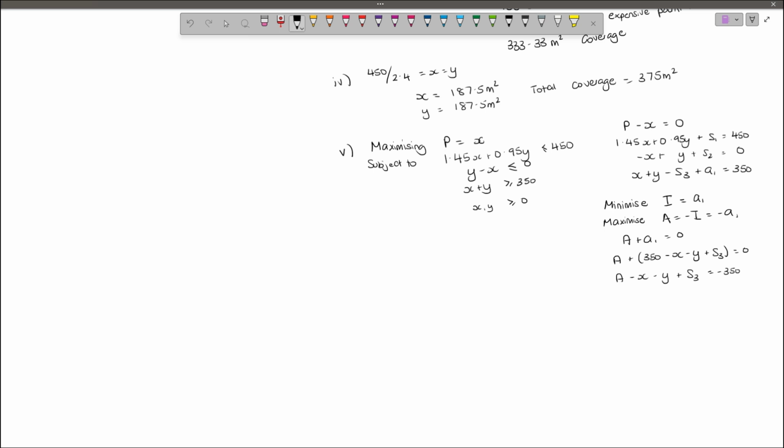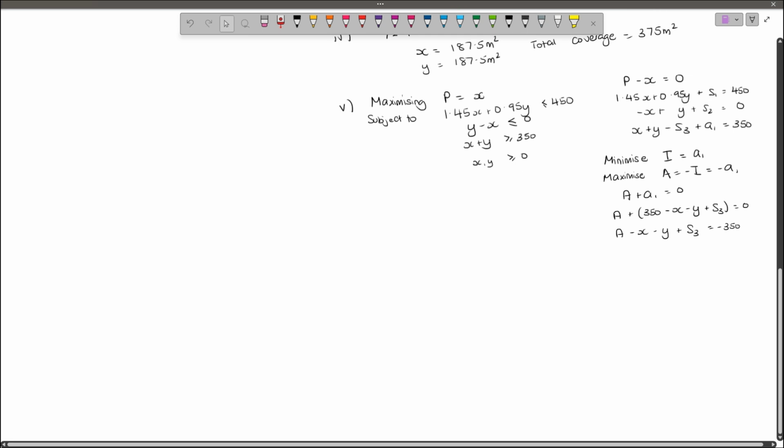We can rearrange this and get capital A plus a1 is equal to 0. And we can replace a1 with 350 subtract x subtract y plus s3. Yes, so my apologies, I'm looking at the mark scheme and it's an old style mark scheme and they used the objective row differently for this. So we are correct here, fortunately.